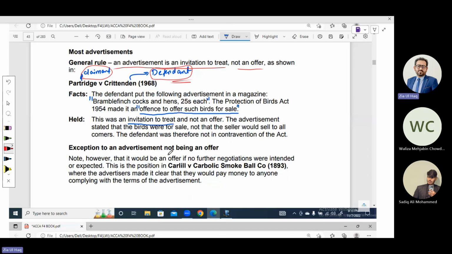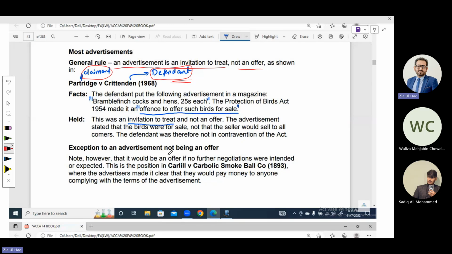So the defendant, Mr. C, advertised to sell certain types of birds with a price, and P, while reading the advertisement, sued C that he is offering to sell certain types of restricted birds. But that advertisement is not an offer. That is called an invitation to treat.